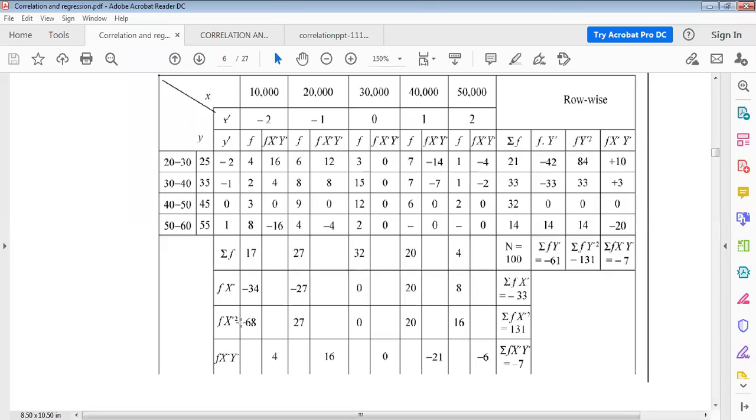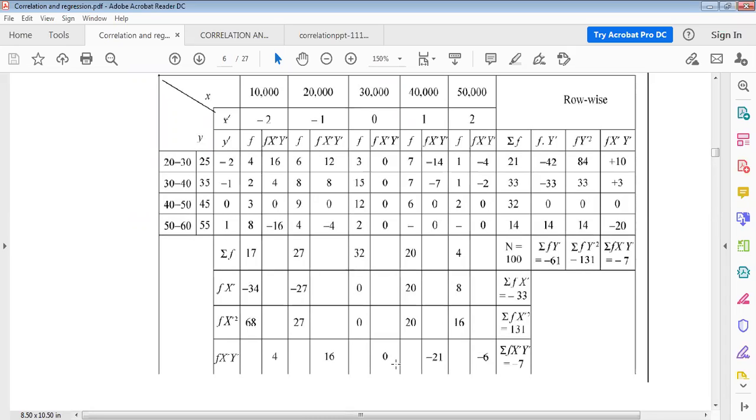Similarly, for the summation of x square, we just take the square. For f x dash, minus 34 comes from f equals 17 times x dash minus 2: minus 2 into 17 is minus 34, minus 1 into 27, 0 into 32 is 0, and 1 into 20.